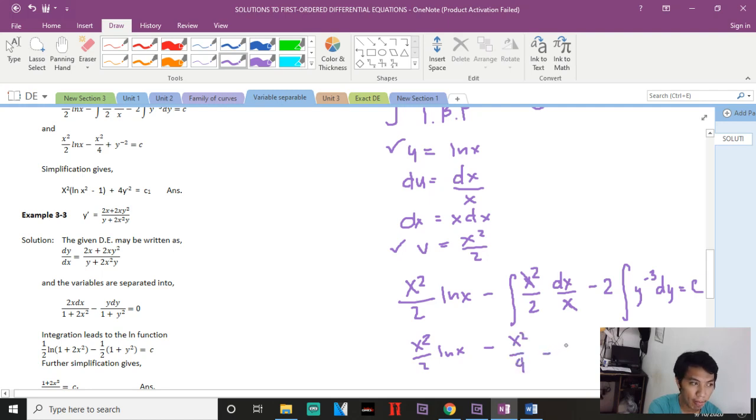Minus, the 3 goes away, because 2 comes down here. Okay? Negative 2. So, negative 3 minus 1, negative 2 comes down. So, this will be y to the negative 2. It becomes plus, since the negative 2 cancels. So, y to the negative 2 equal to c.